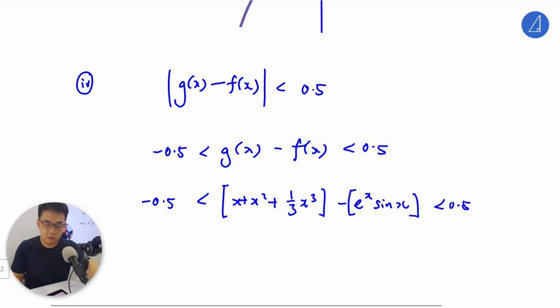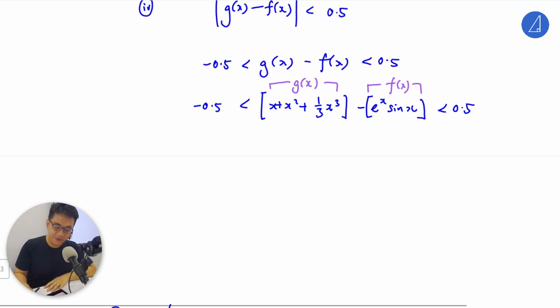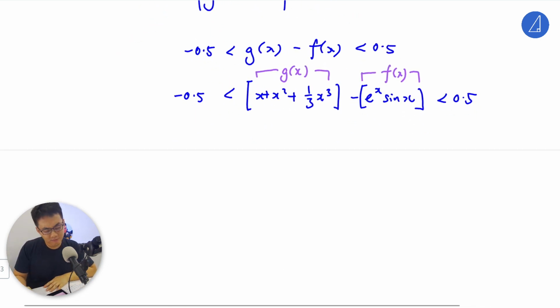I just solve this inequality. Use GC and solve this. What you do is you want between 0.5 and minus 0.5. What is the easiest way to do it? You just plot this graph, guys. You just plot this graph. There's a y, one big y here. Then you just find between 0.5 and negative 0.5.